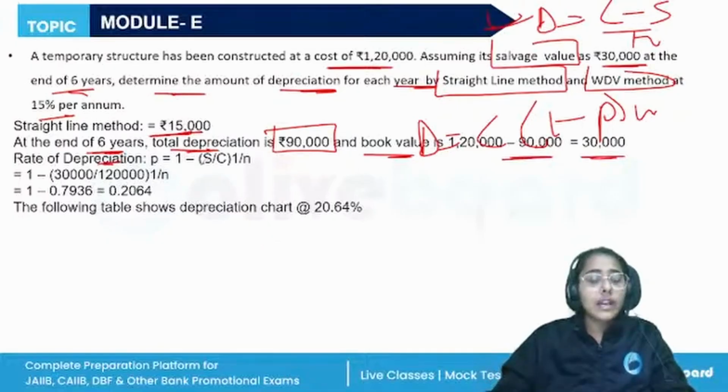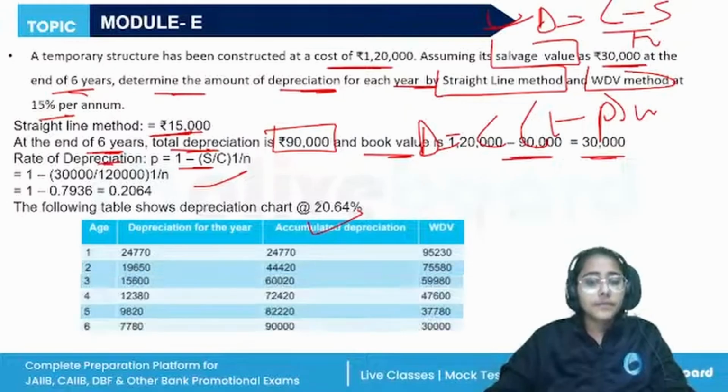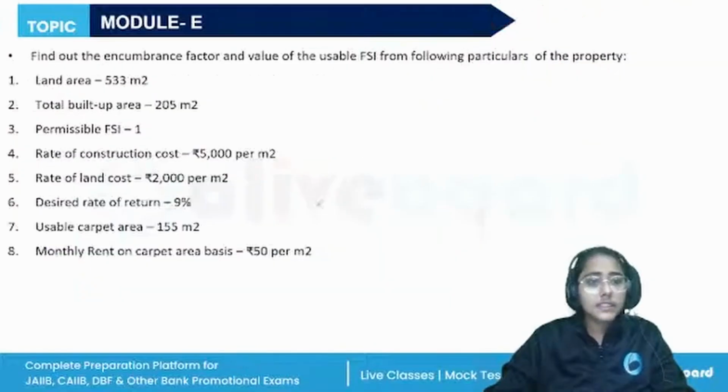P is equal to 1 minus salvage value divided by the original cost. This is how we will calculate using the other formula, the written down value. All right. I hope this is clear.